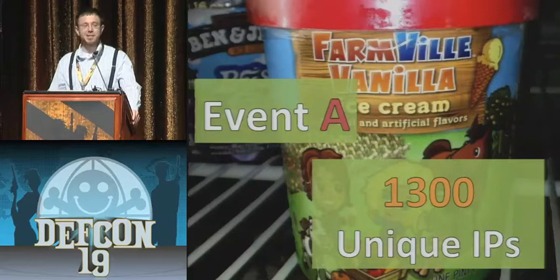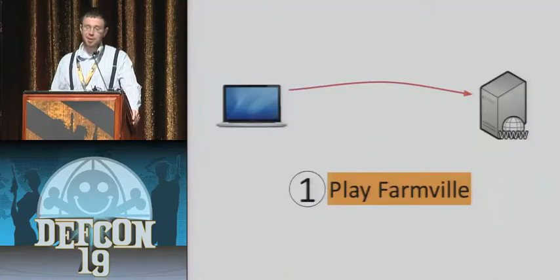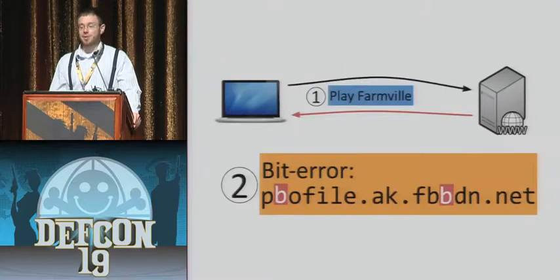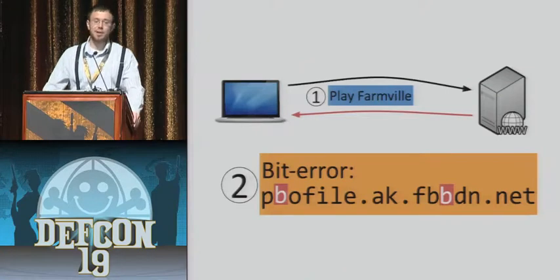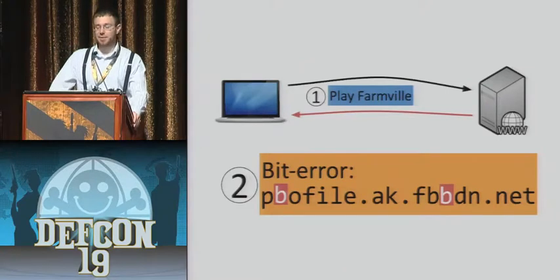So how exactly does this happen? Well, let's diagram this out. Let's pretend you're a user somewhere and you want to go play some Farmville. Then you request some stuff from Facebook, and a bit error happens in either the Facebook or the Farmville servers, and profile.ak.fbcdn.net changes to pbofile.ak.fbbdn.net.